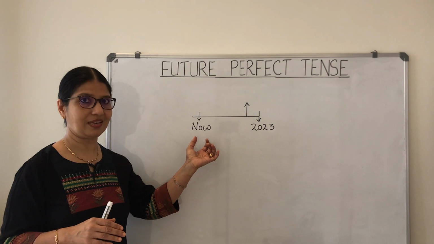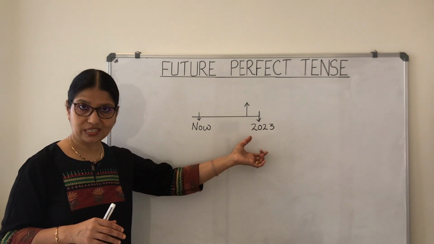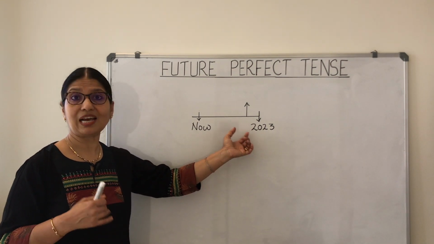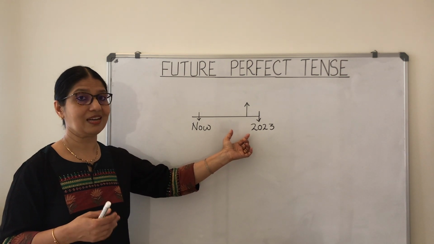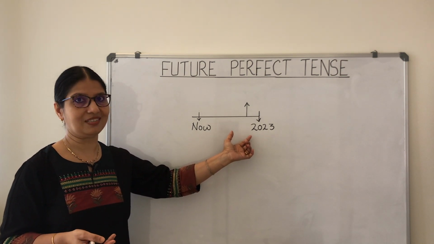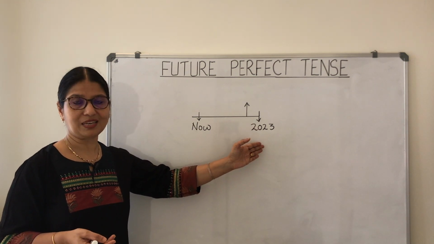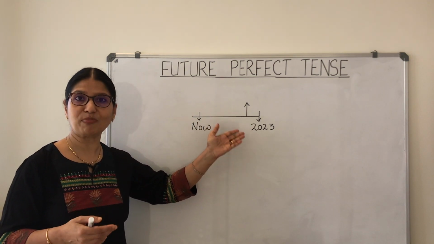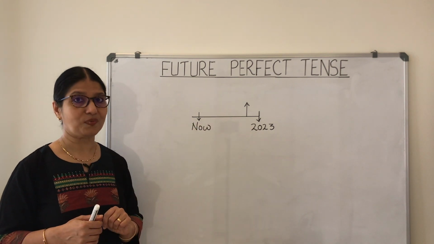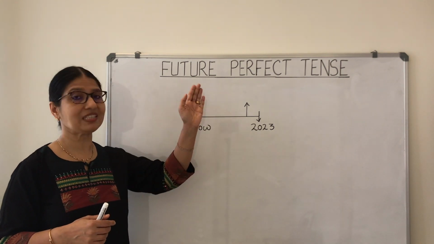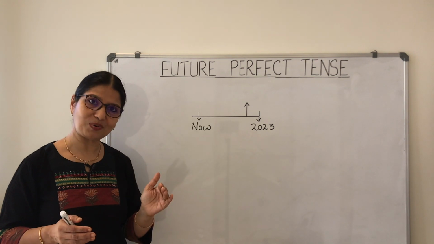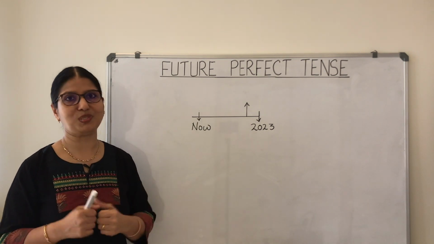And now I say, by the time it's 2023, I will have finished my studies and I will have graduated. So that means by 2023, my graduation will have become a thing of the past. So we can say that the future perfect tense is used to talk about past in the future.